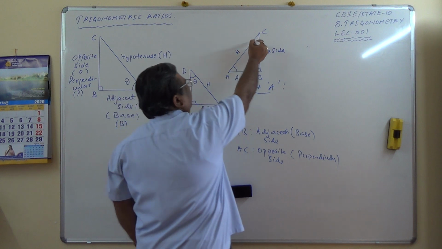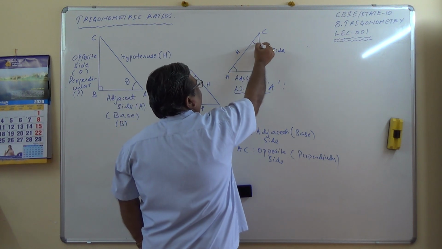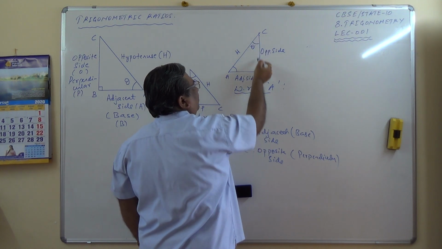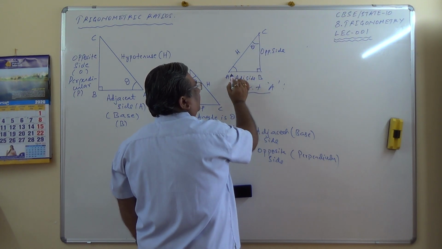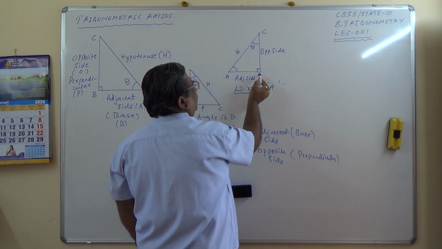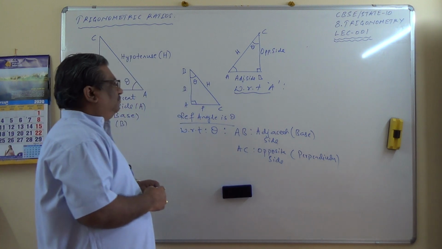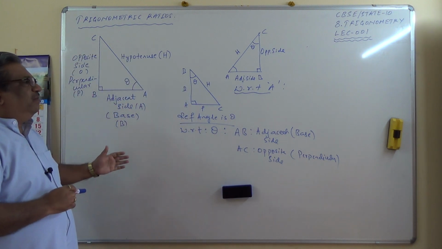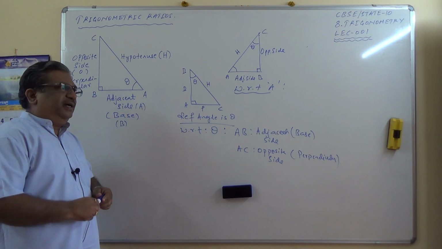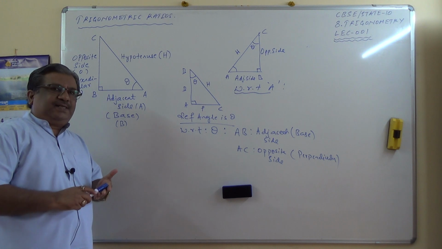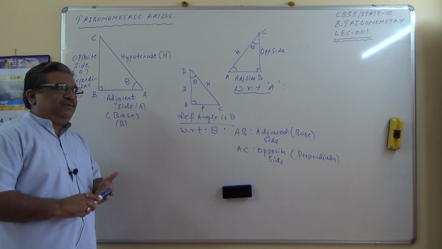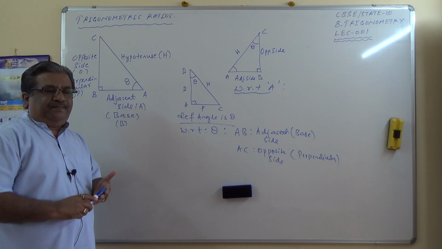If I change the reference angle to this one, if I change this as the reference angle theta or angle C, then this will become the adjacent side and this will become the opposite side. This will become the base and this will become the perpendicular. I hope you are able to understand very well how to identify the opposite side, adjacent side and hypotenuse with respect to the reference angles.